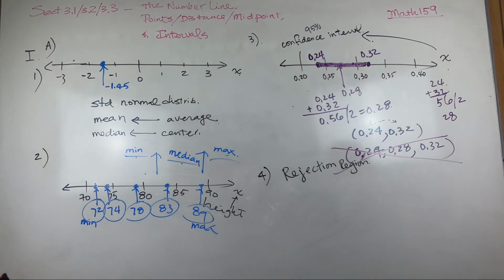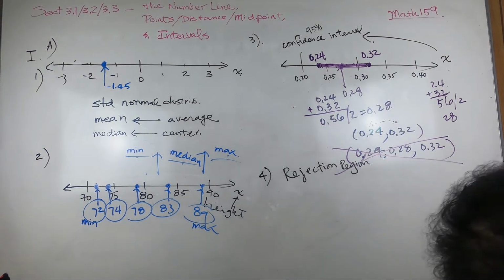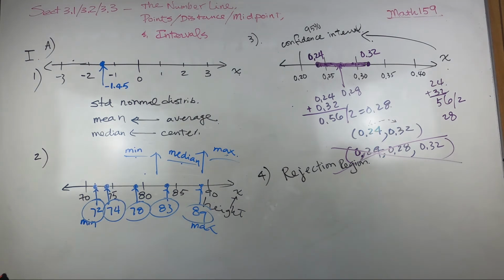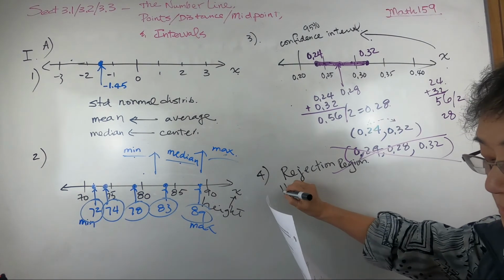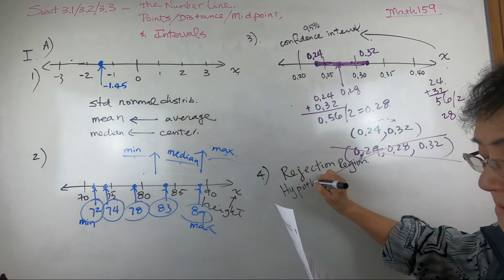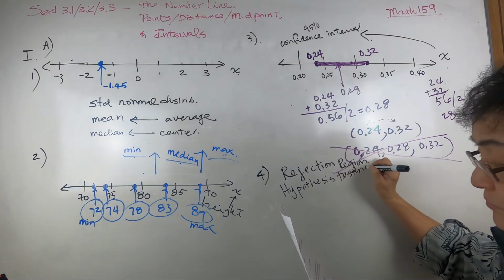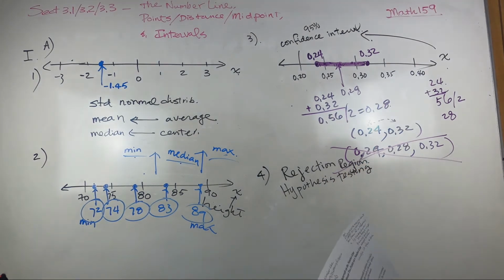So many terms you are learning, okay? One is called what? Rejection region. And another thing you will learn is called hypothesis testing. You will do that later. Then it says, suppose the mean number of hours to work on the week's homework is 4.2.